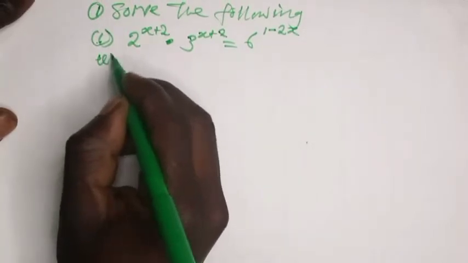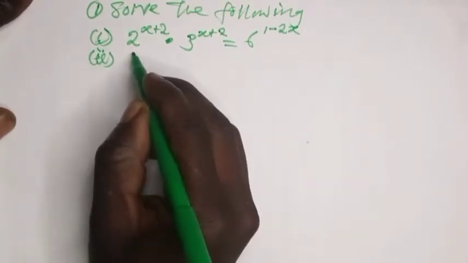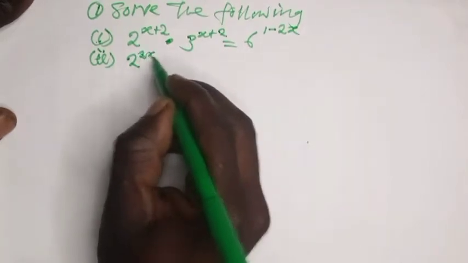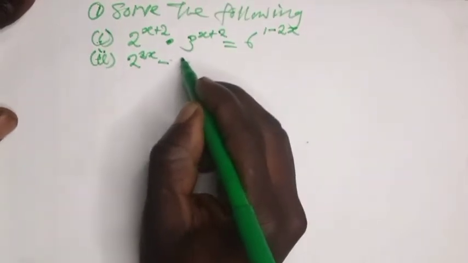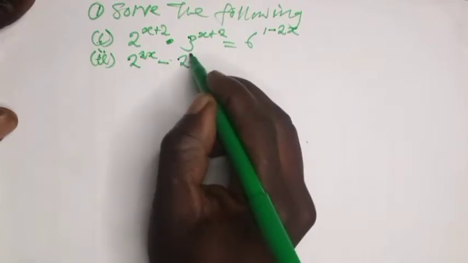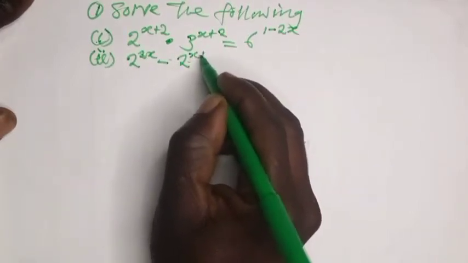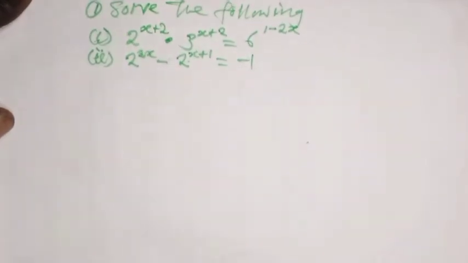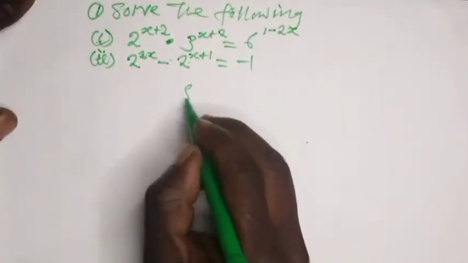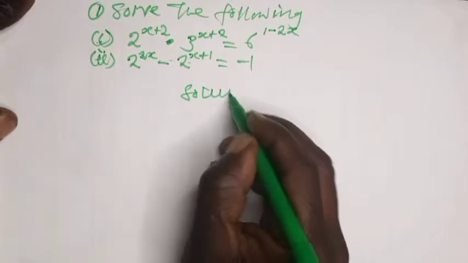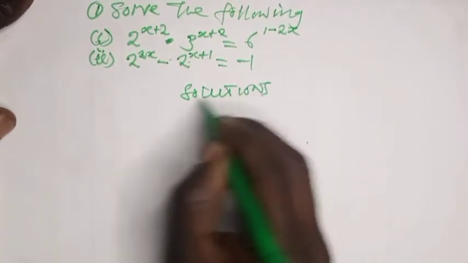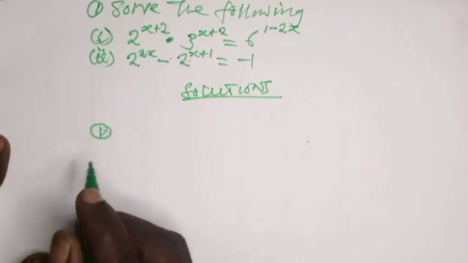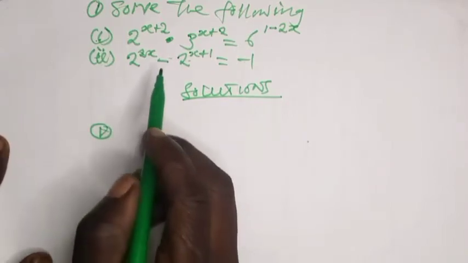For Roman numeral 2, we have 2 power 2x minus 2 power x plus 1 equals minus 1. So let's try to find the solution. Solution 1, we have to analyze this.